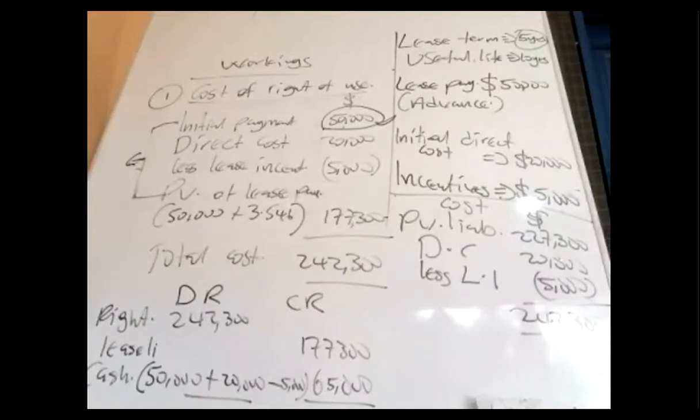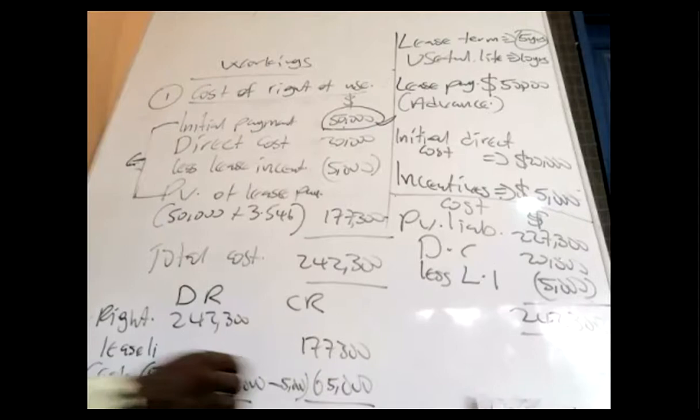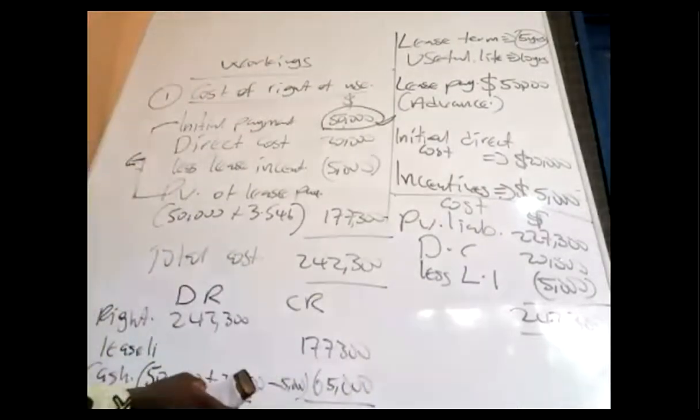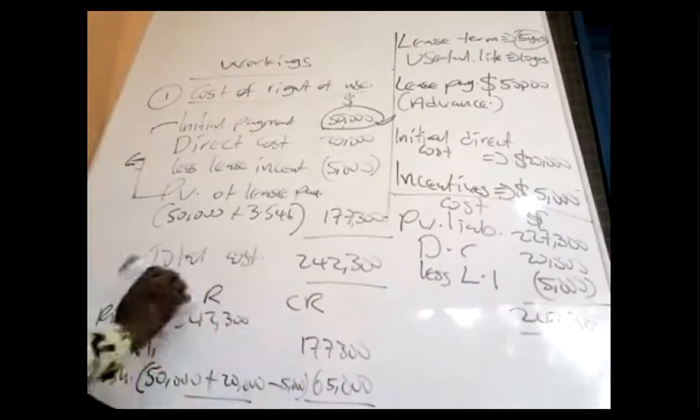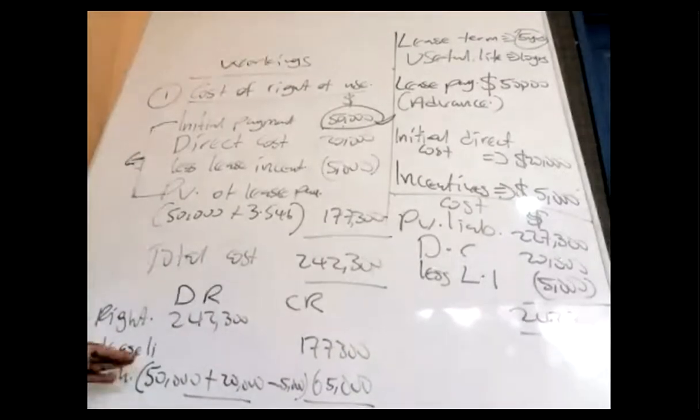Now, alternatively, this section is not part of the solution, it's just to illustrate how the trial balance looks.